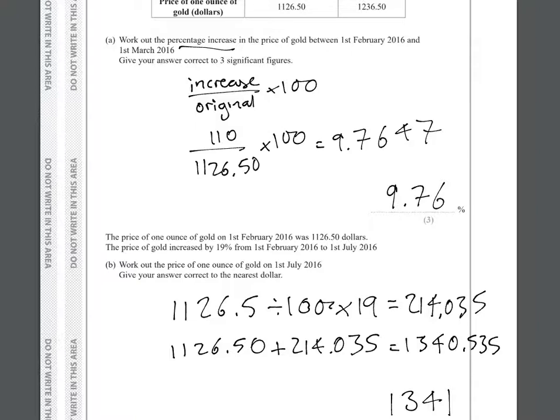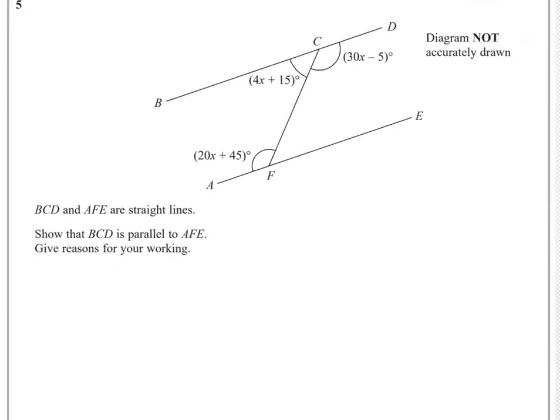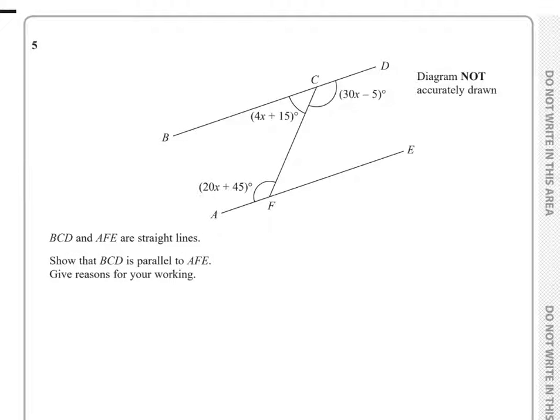Okay, question 5. ACB and AFE are straight lines. Show that BCD is parallel to AFE. Okay, so if it's parallel, then these two are co-interior, so they would add up to 180.